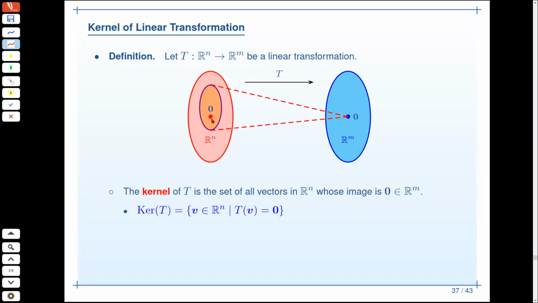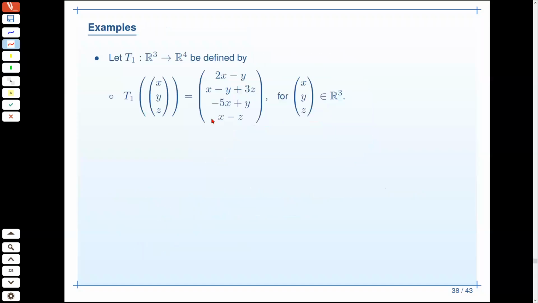By definition, it is a subset of Rn, but we are more interested to know whether it is a subspace. It should be, otherwise it isn't worth introducing. Recall that T(0) is 0, so the kernel contains at least the 0 vector.